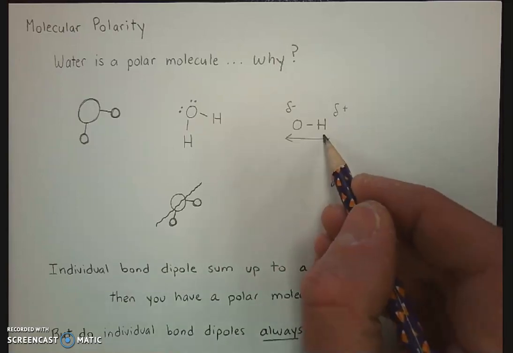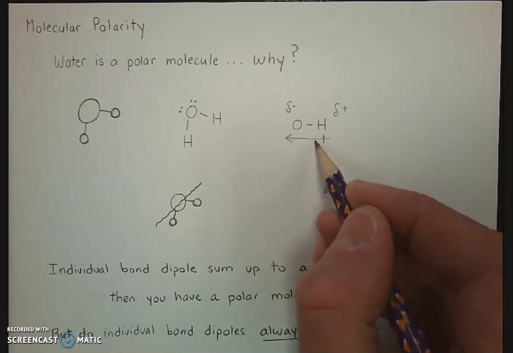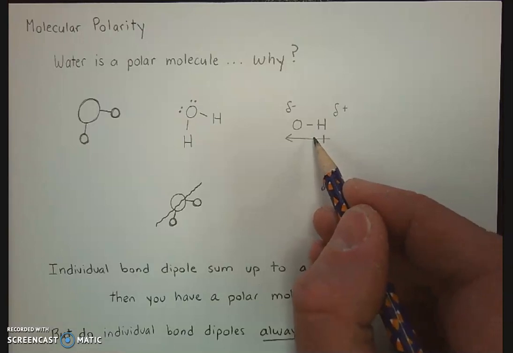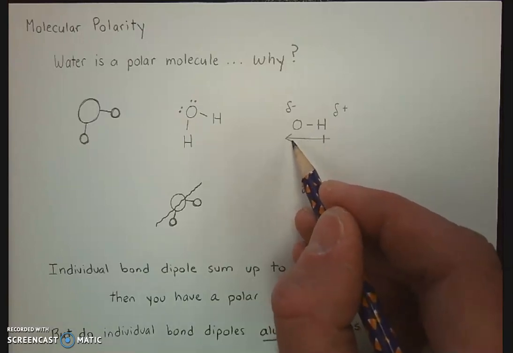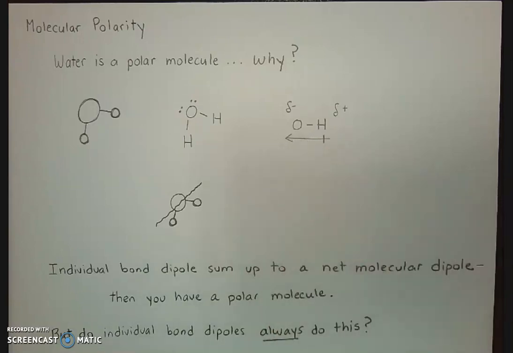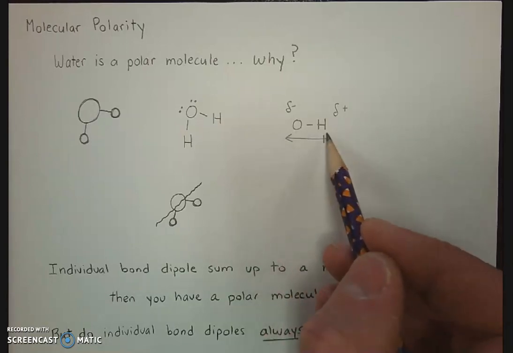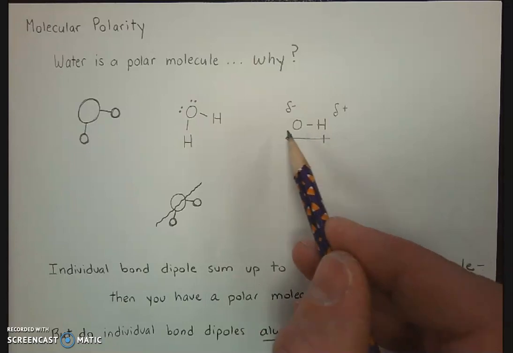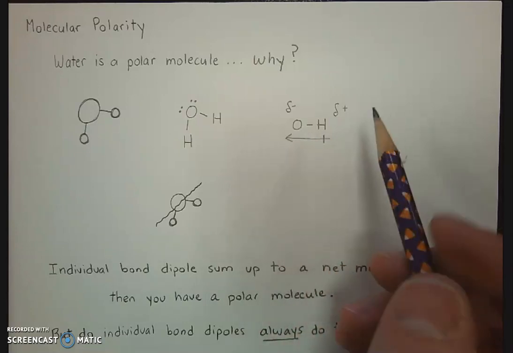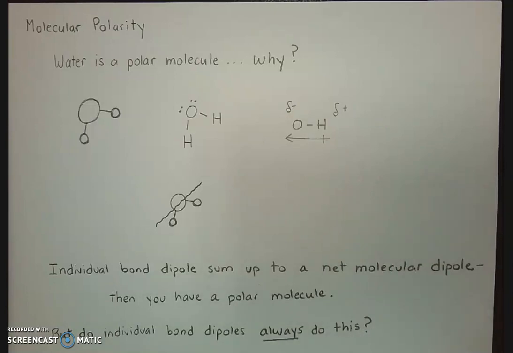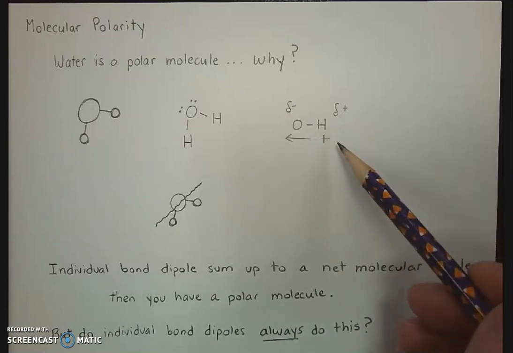That tick mark just reminds us that the hydrogen end has a partial positive, and the electrons are being pulled toward the oxygen at more partial negative. So again, this is another way that we can diagram polar bonds. We could use this arrow notation, or you could always use the partial negative, partial positive delta symbols. Either the delta notation or the arrow notation from now on is just fine.